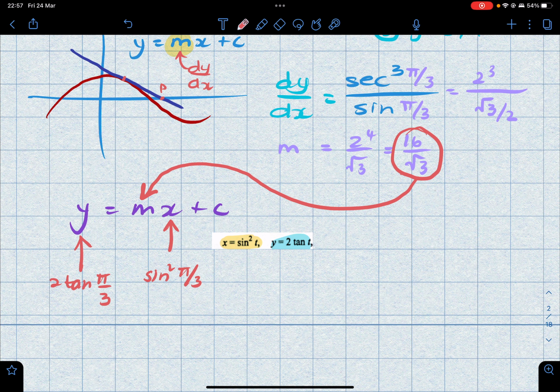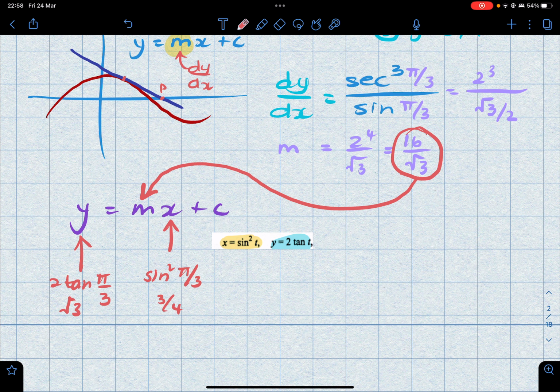If you square that, you get 3 over 4. And tan pi over 3 is root 3.